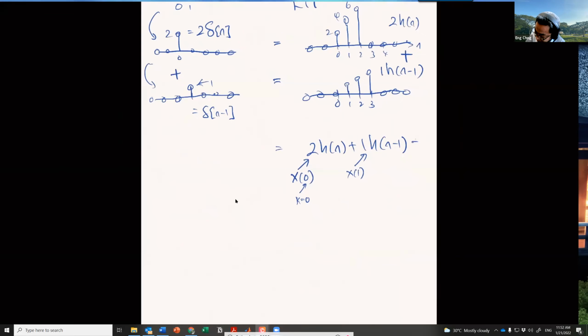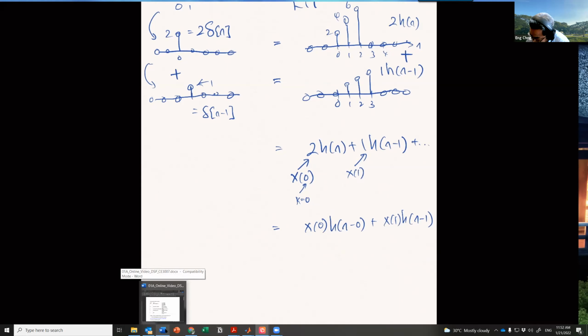If you generalize this, you realize that the output is equal to x of 0 h of n minus 0 plus x of 1 h of n minus 1. Later on, you realize why I put all this. And then if you want to generalize this, h of n minus 2. And if you have previous values before, it will be x of minus 1 h of n plus 1 and so on.